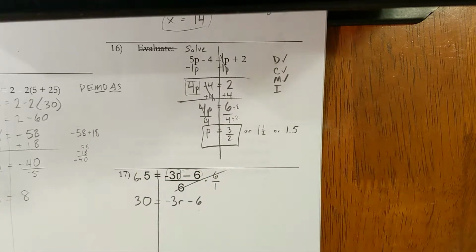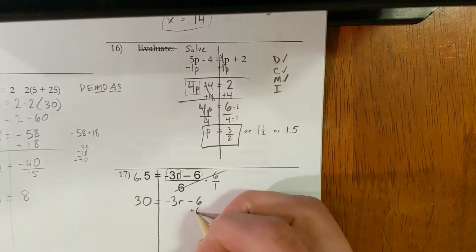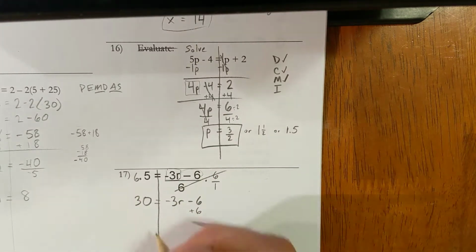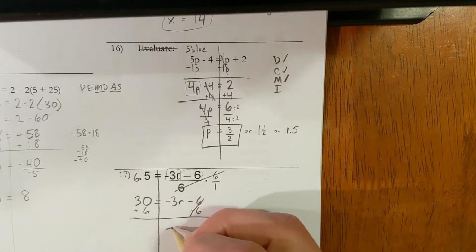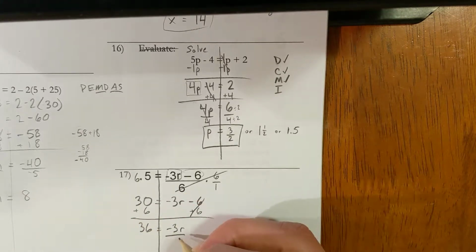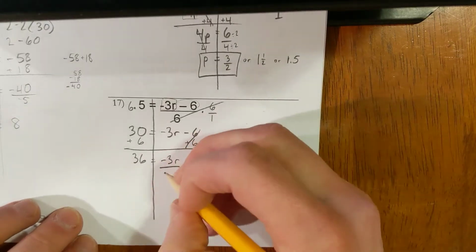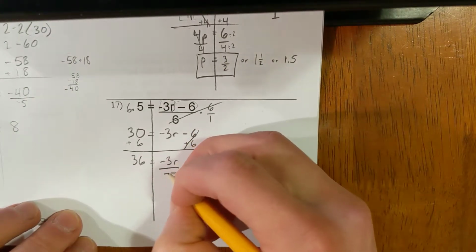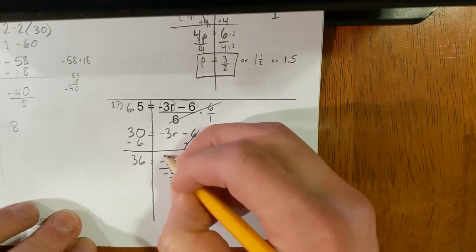This should look pretty comfortable to be able to solve. Just like before, we're going to go ahead and add 6 first before we divide by -3. So add 6 to both sides. Bring this down: -3r is equal to 36. And then we're going to divide by -3 here, because -3 divided by -3 is 1, and what we're looking for is 1r.